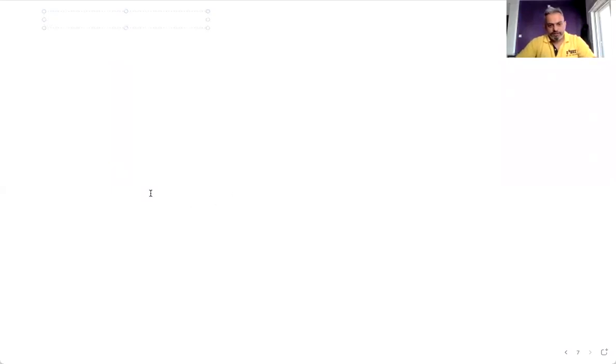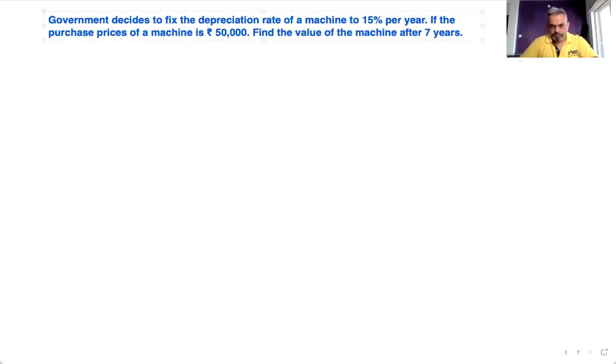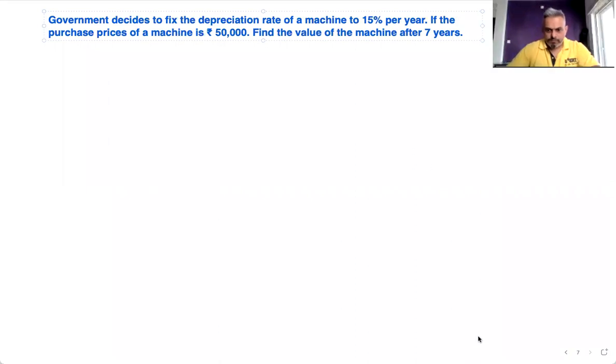(17) again extremely important. Now, ध्यान देना please. Government decides to fix the depreciation rate of a machine to 15% per year.